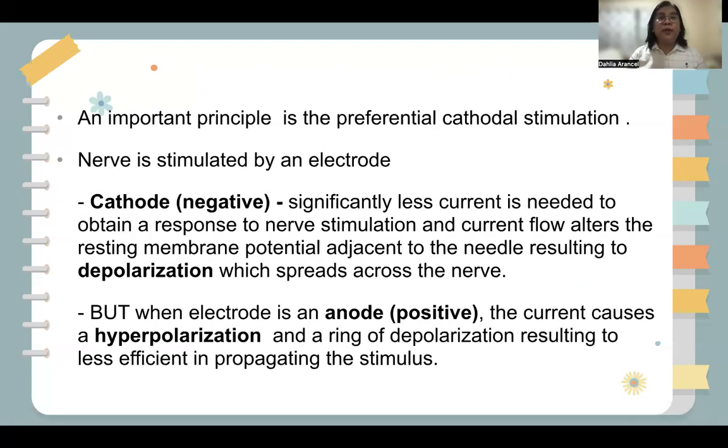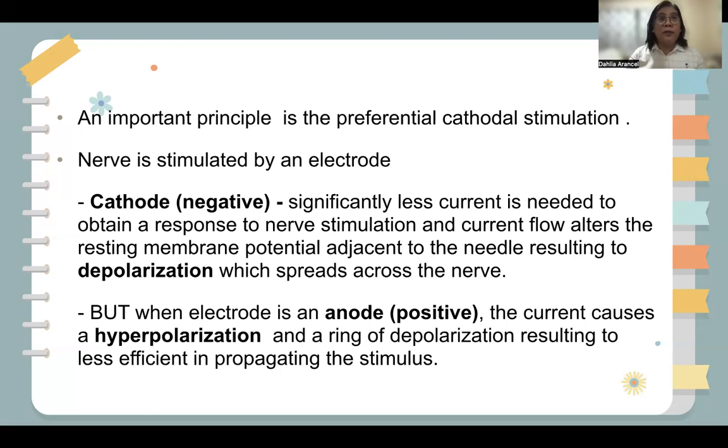An important principle is the preferential cathodal stimulation. Nerve is stimulated by an electrode. With a cathode, that is the negative side, significantly less current is needed to obtain a response to nerve stimulation, and current flow alters the resting membrane potential adjacent to the needle, resulting in depolarization, which spreads across the nerve.